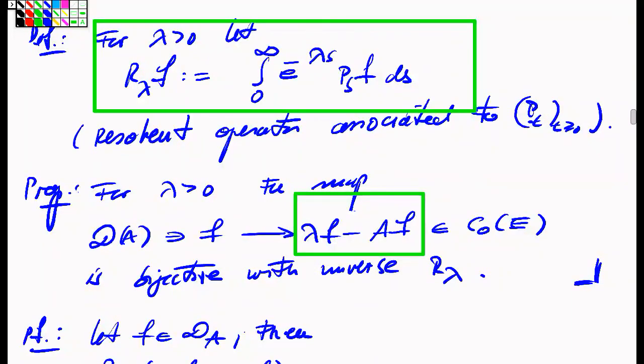And this allowed us finally to give a full characterization of the domain of the generator of real Brownian motion.